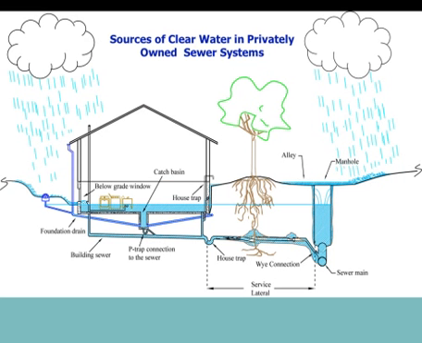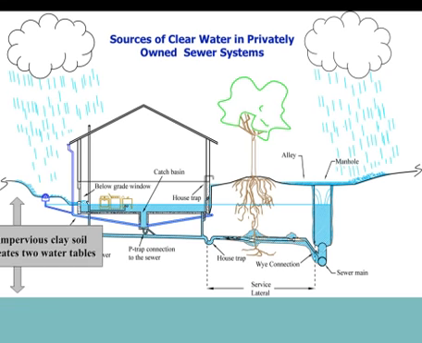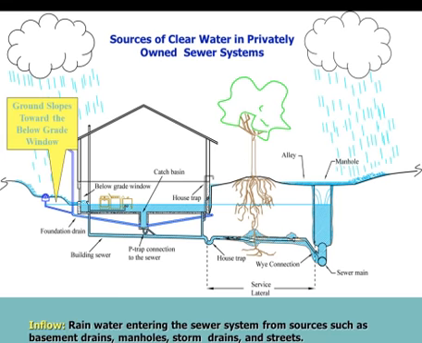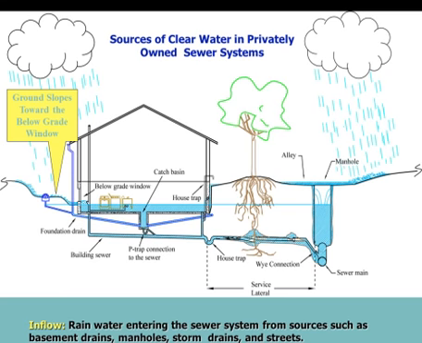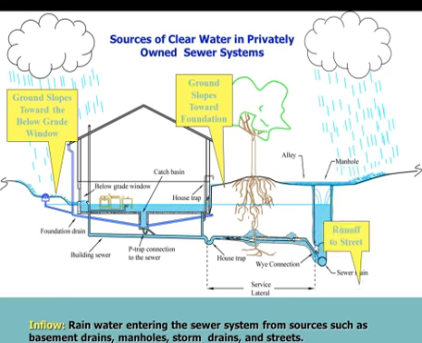Some sources of clear water are as follows. If you've got the ground sloping towards your below grade window, that allows water to enter the basement. Water that flows towards the foundation. Runoff to the manholes from the street.